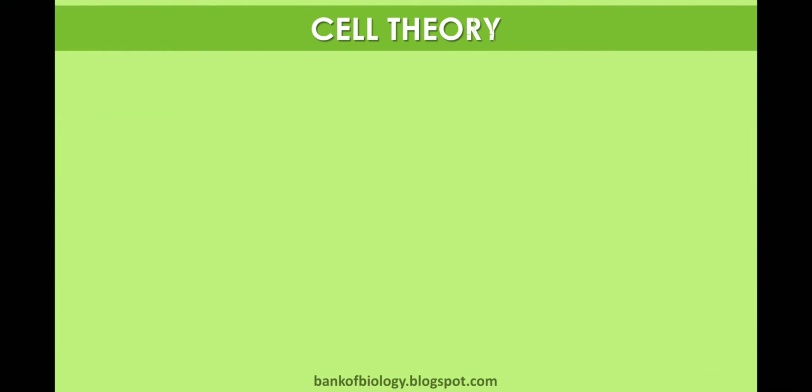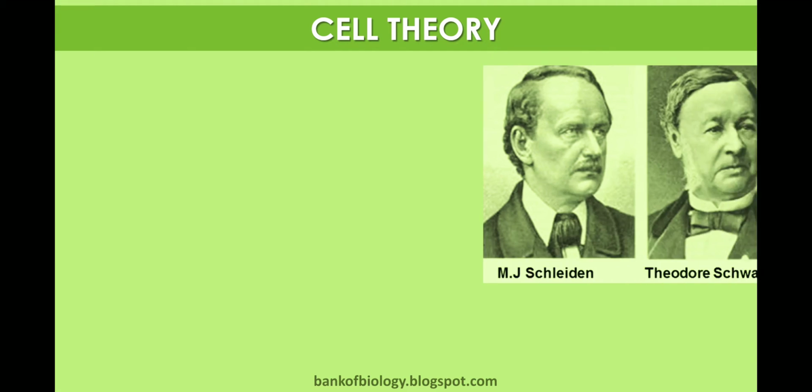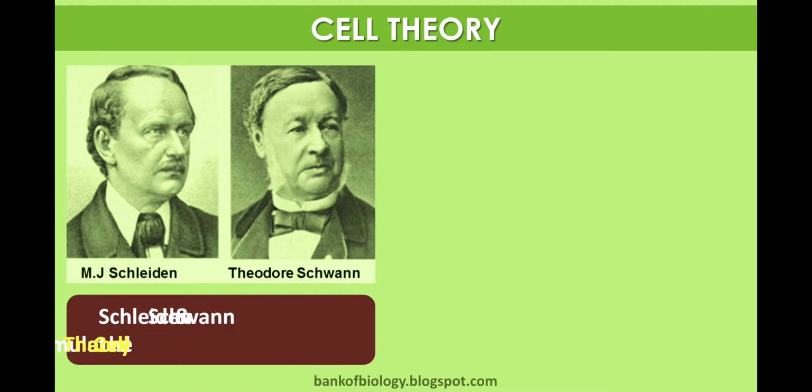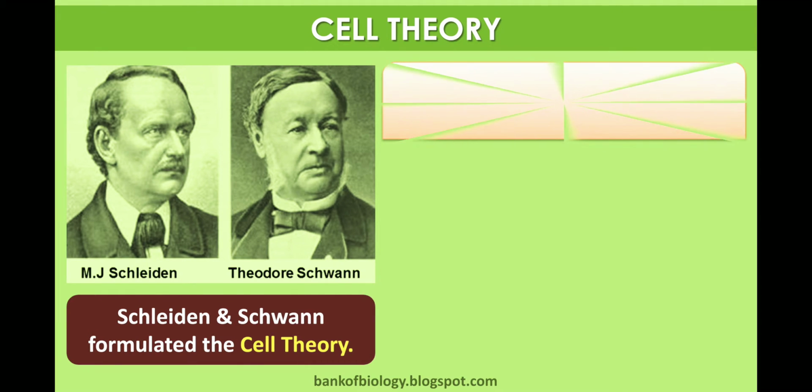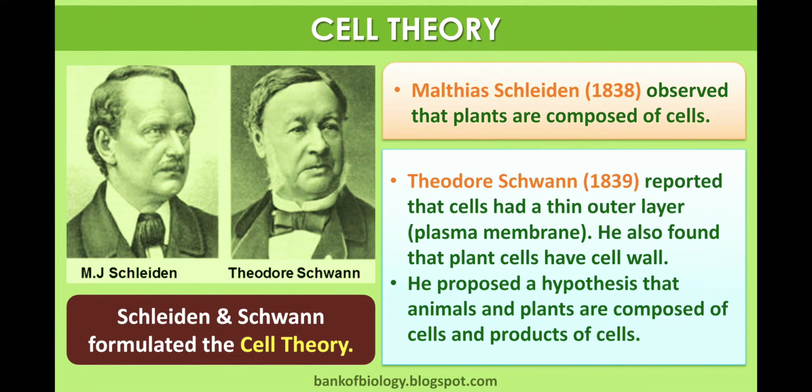Now we know about the cell theory. M.J. Schleiden and Theodor Schwann formulated the cell theory. The scientist Schleiden observed that plants are composed of cells.